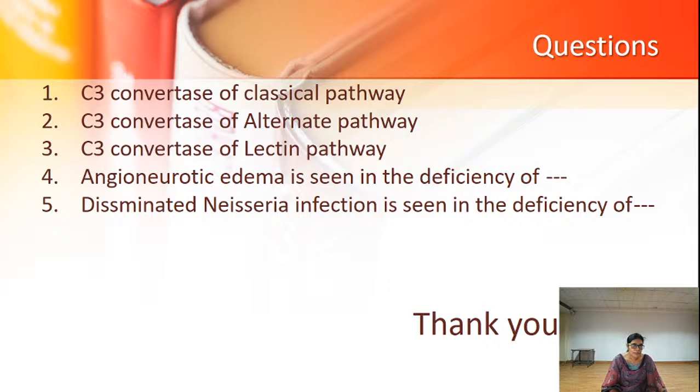We have to remember the C3 convertase for all, so that you can write out the pathways. I am going to give you 5 minutes. Within 5 minutes you have to answer these questions. Only 5 questions.